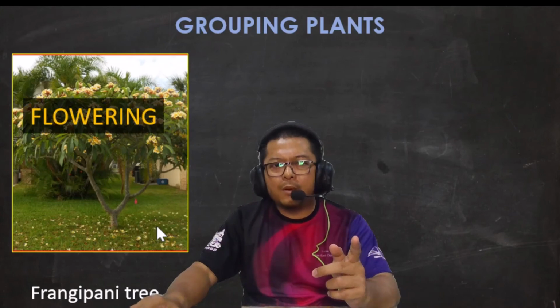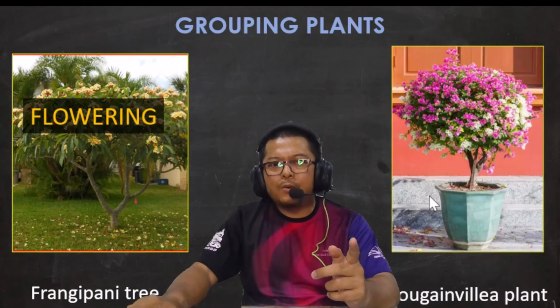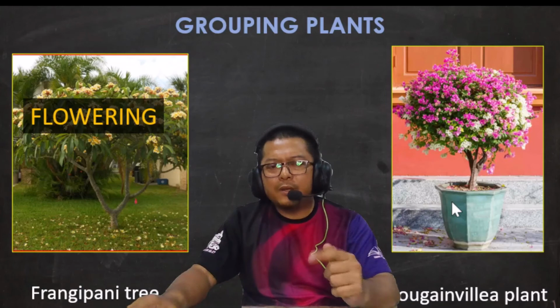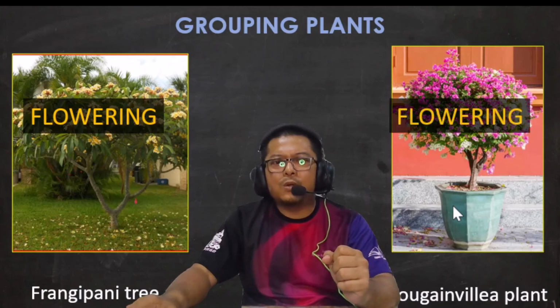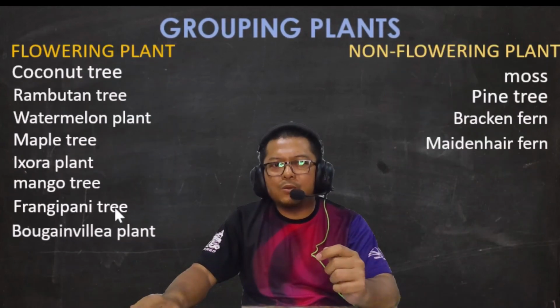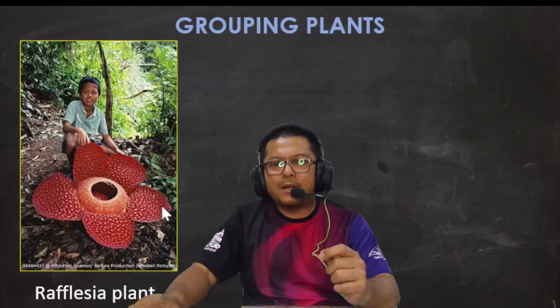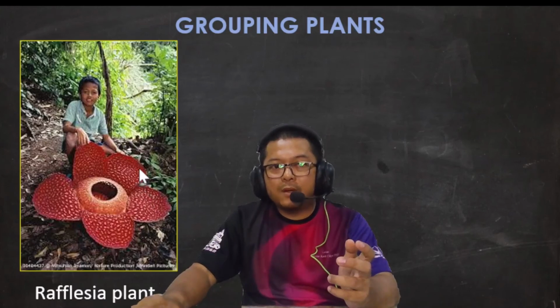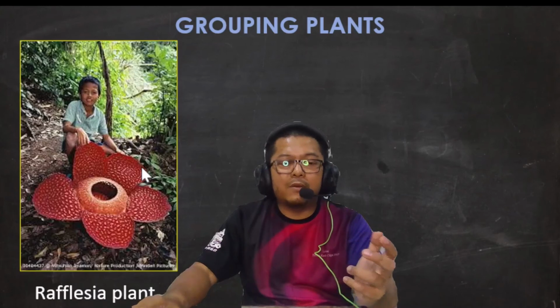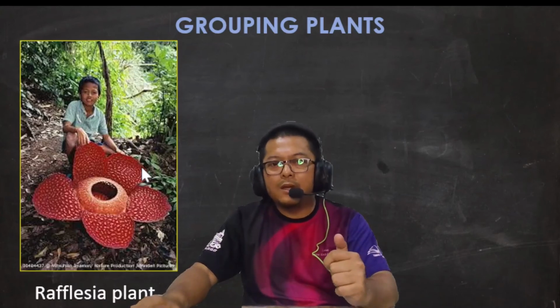So the next plant would be frangipani tree. Obviously, it's a flowering plant. And bougainvillea plant, also a flowering plant. That's too obvious here. We will place these here, frangipani and bougainvillea. Next plant would be Rafflesia plant. Like I said, this is one of the biggest, maybe the biggest flower in the world, and it smells like that animal.